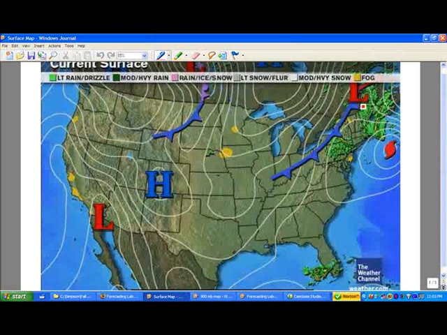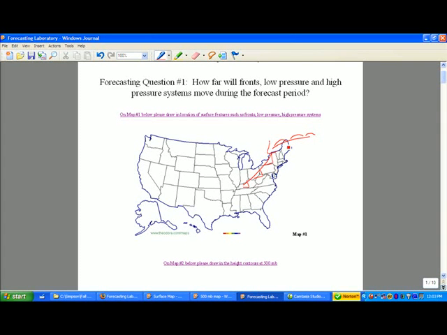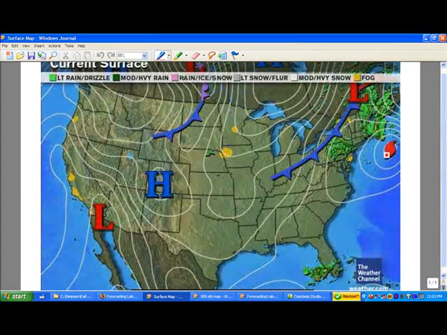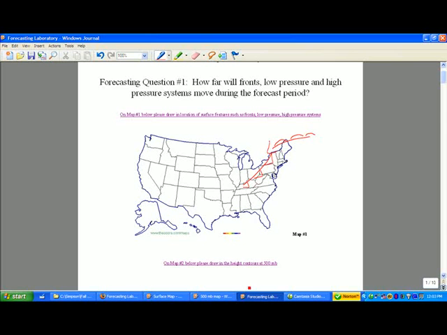And again, I'll go back to the surface map to make sure I've got it in the same area. It looks like I'm pretty close there. I'm also going to draw the hurricane, because that's a feature. We won't move that, but I'll just go ahead and draw it on here. It's kind of interesting, a little hurricane out here in the Atlantic.